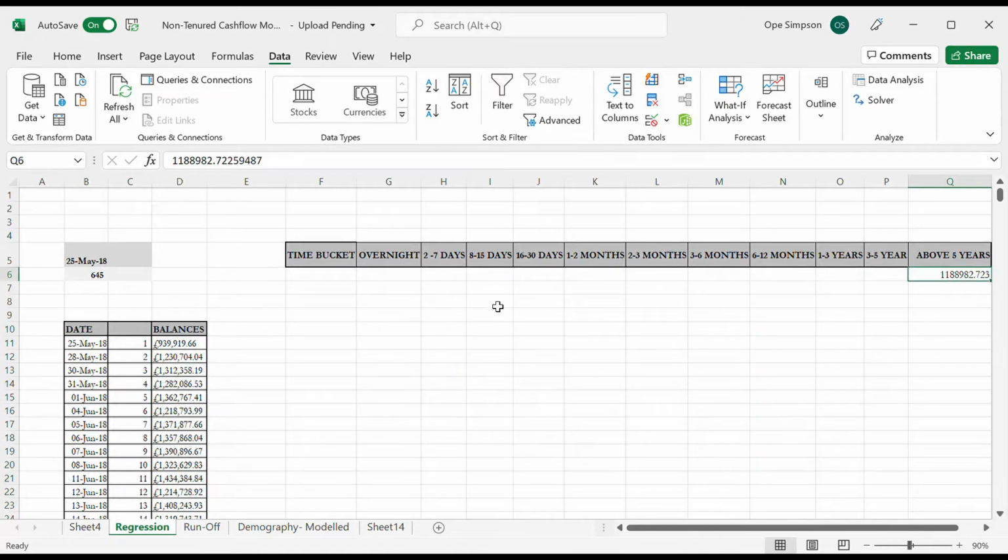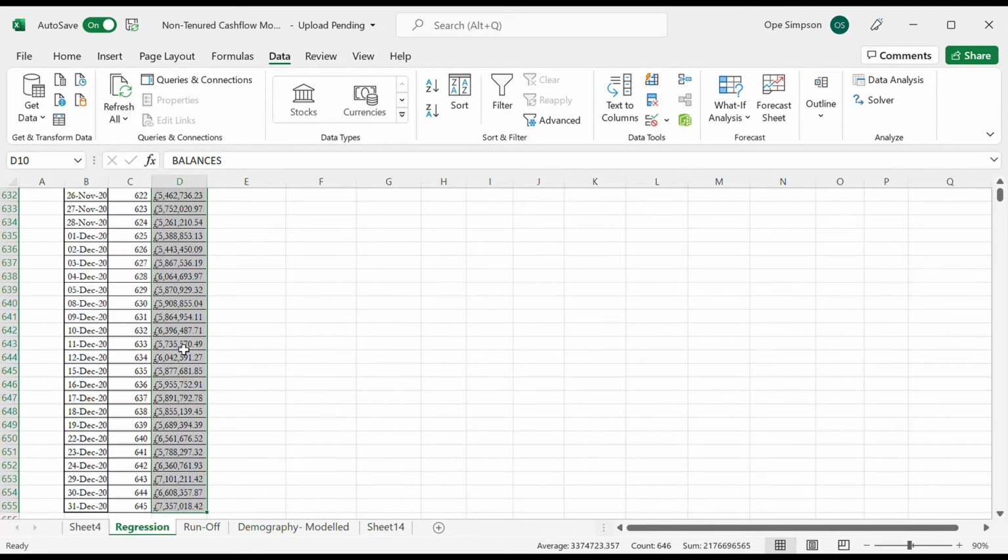Now that we have brought in our core deposits, we have to model the remaining non-core deposits into our other time buckets. Just a second, let me get our current deposit, or the last deposit date.